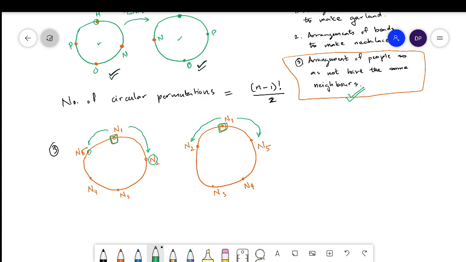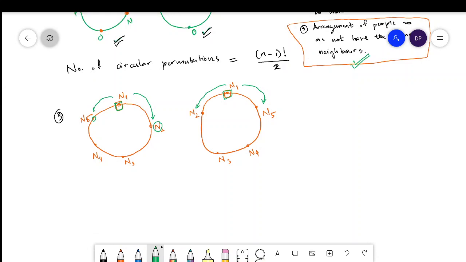So even in this case, the required number of circular permutations, where the condition is that there should not be the same neighbor, in the above case is equal to (5 minus 1) factorial divided by 2, which is equal to 4 factorial divided by 2.